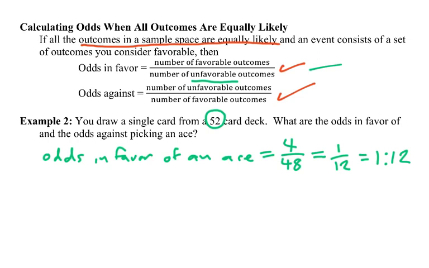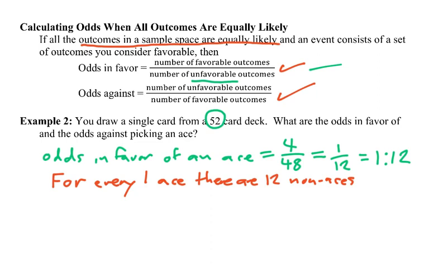But let me make that even more casual, because when I write the odds like that, what I'm really saying is basically for every 1 ace, there are 12 non-aces, let's say, cards that aren't aces.